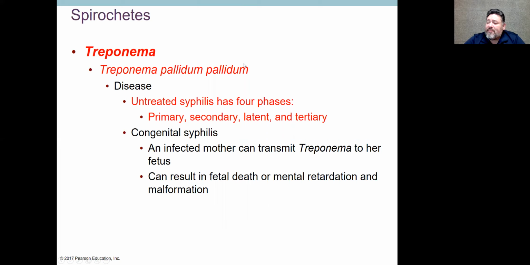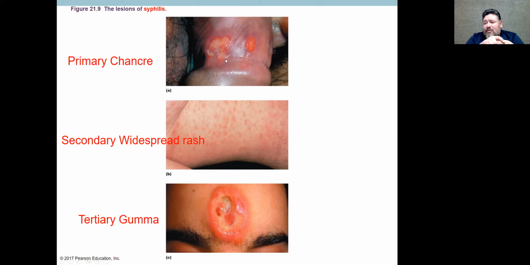It is typically painless, and in women, that canker would manifest itself on the cervix, and the probability of it going unnoticed is actually pretty good. So in about 1/3 of patients, this canker would manifest itself. Then it would resolve itself after a few weeks.